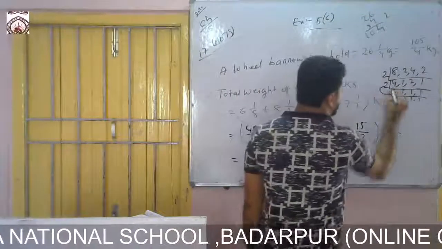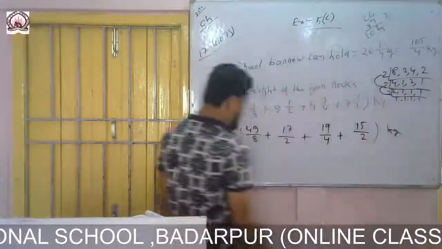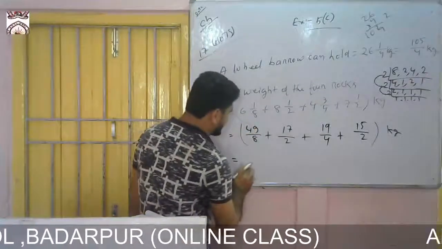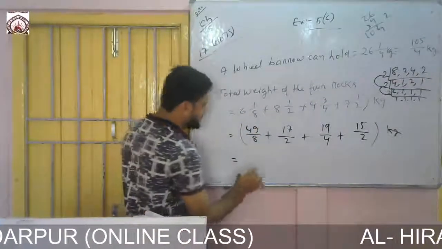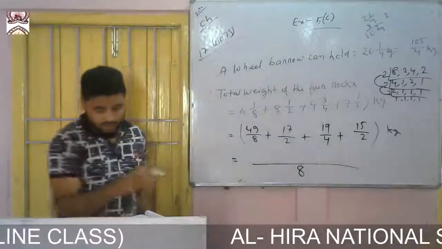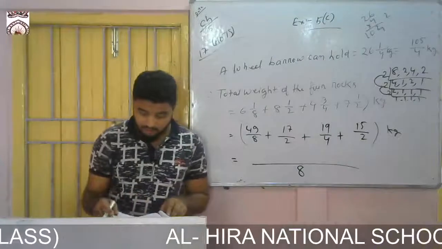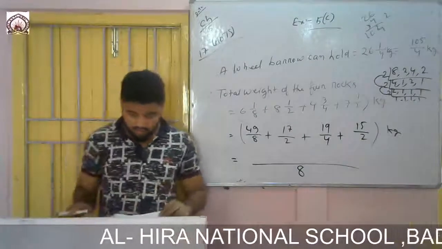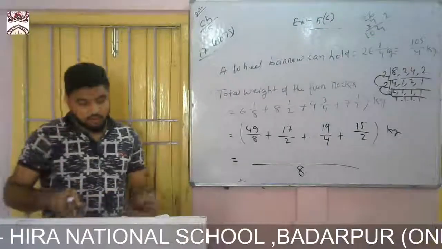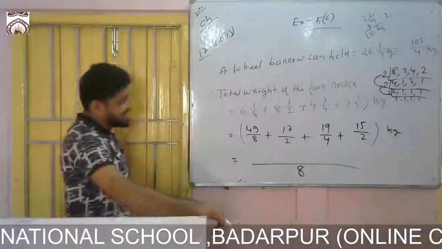So 2 2s are 4, 4 2s are 8. The highest is 8.